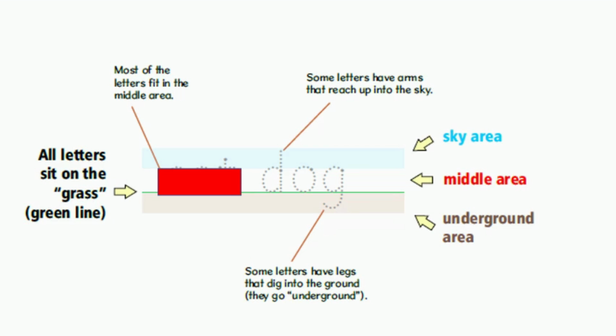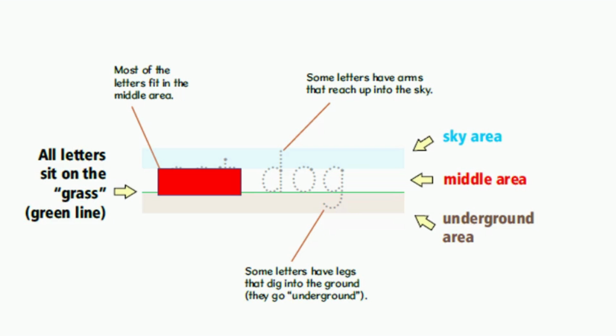And some letters in English have legs, and they dig into the ground. You can see G, yes, they have legs, and so they are digging into the ground, and they are going into the ground area.